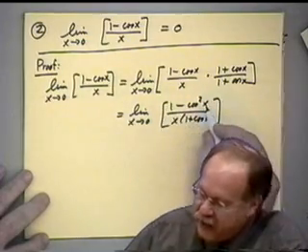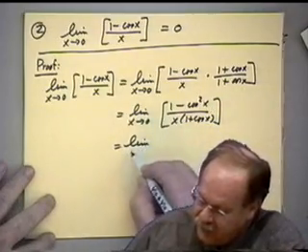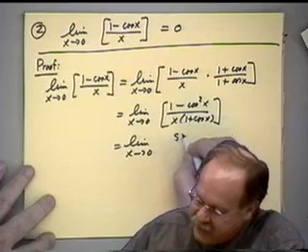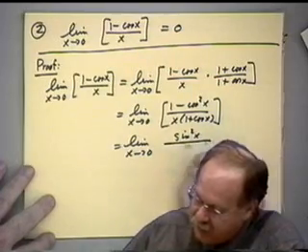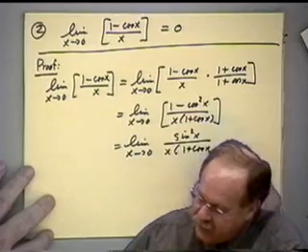Well, 1 minus cosine squared x is a familiar identity. That's equal to sine squared. And so the sine has now found its way into this problem. Sine squared x over x times 1 plus cosine x.